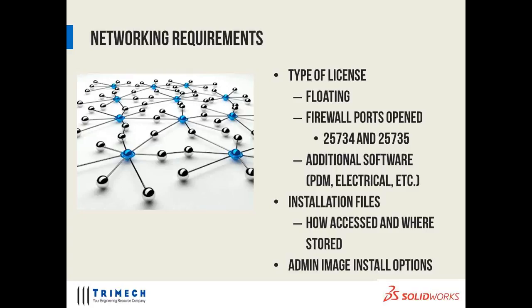So you're going to want to open up the ports, if you have a firewall installed and running on the server, as well as on any computer that has SolidWorks installed on it, for ports 25734 and 25735. You might need to get help from your IT department or your IT manager to have those ports opened. But it's recommended before you start installing or upgrading, make sure the ports are opened and the SolidNetwork License Manager is upgraded.